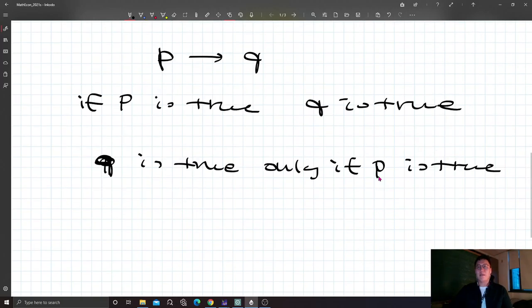Then we say P is a necessary condition for Q. One example is exams might be taken offline only if the virus restrictions are lifted. Lifted restriction is just a necessary condition for offline exams, right?